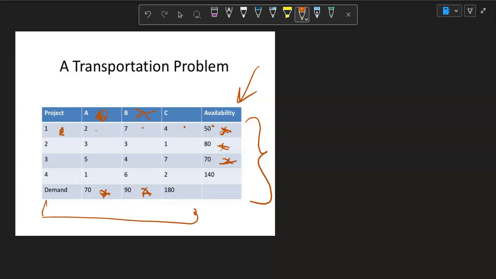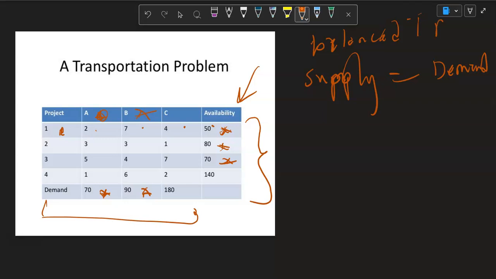Okay, and we have two types of transportation problems. We have balanced and unbalanced transportation problems. Okay, so balanced transportation problems is where your supply equals demand. Okay, this is where supply equals demand. This is a balanced transport problem.